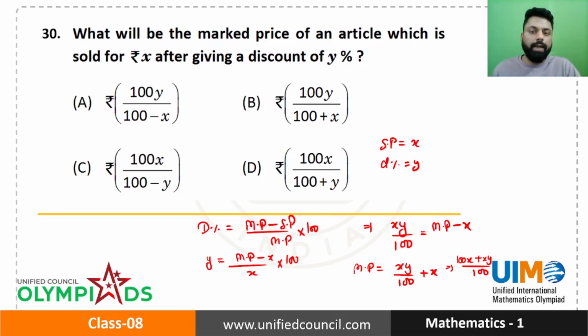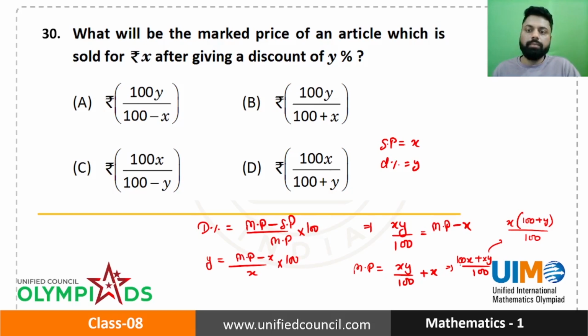So xy upon 100, and then we can take x common. So 100 plus y upon 100, 100x plus xy upon 100.